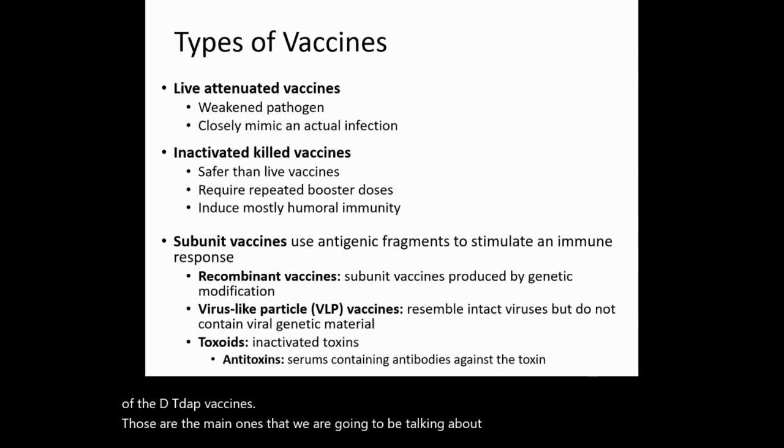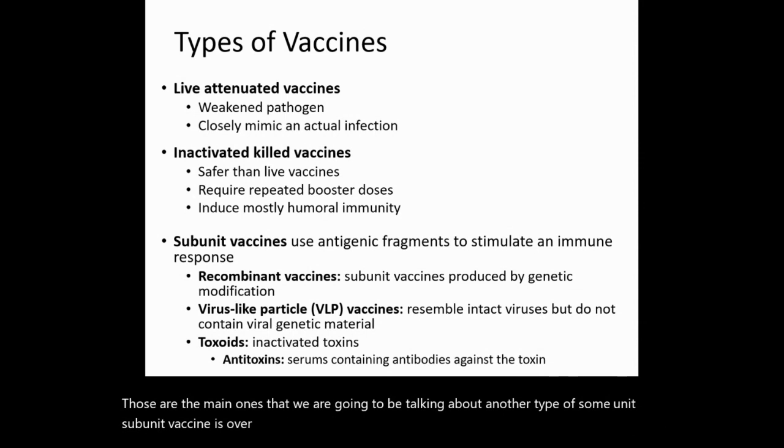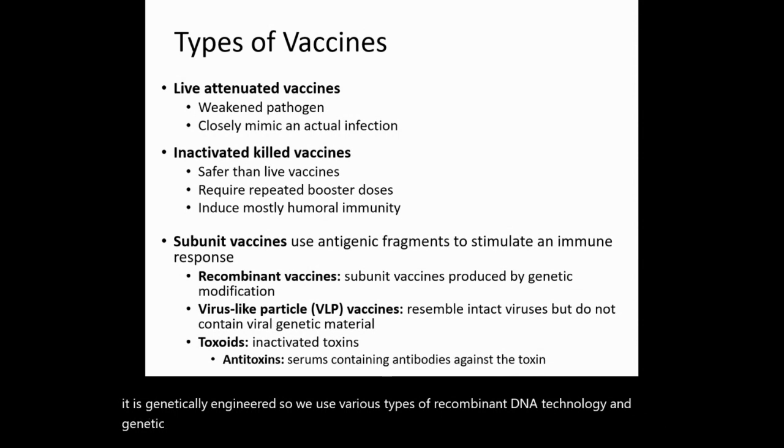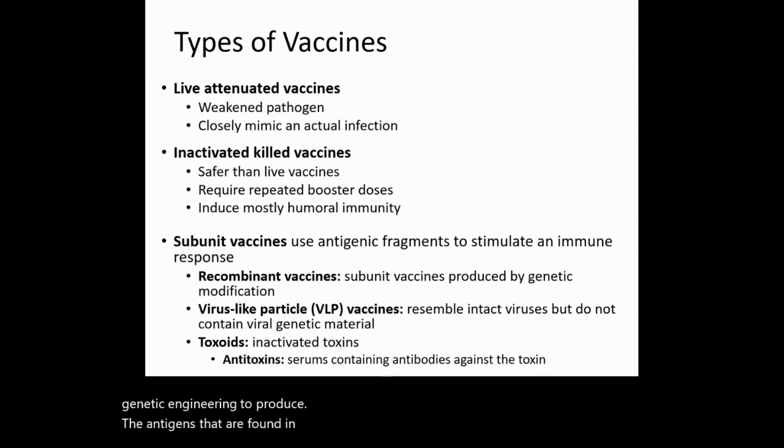Another type of subunit vaccine is a recombinant vaccine, and the recombinant portion of that lets you know that it is genetically engineered. So we use various types of recombinant DNA technology and genetic engineering to produce the antigens that are found in viral capsids or other virulent factors that are part of the bacterial cell wall.